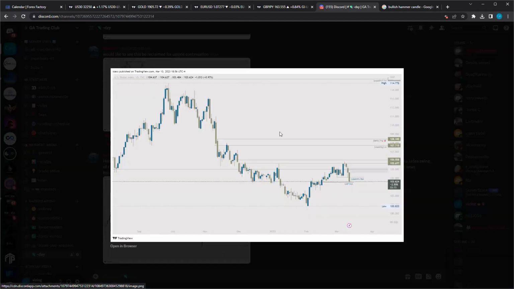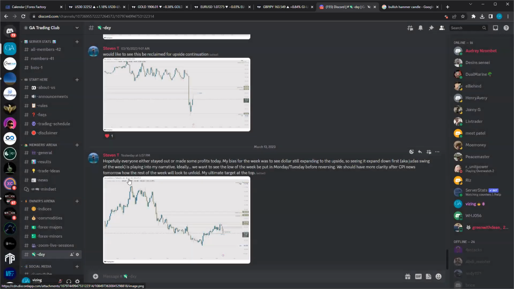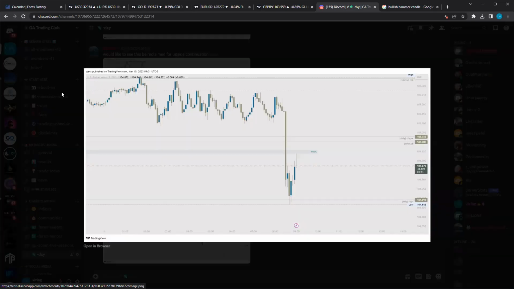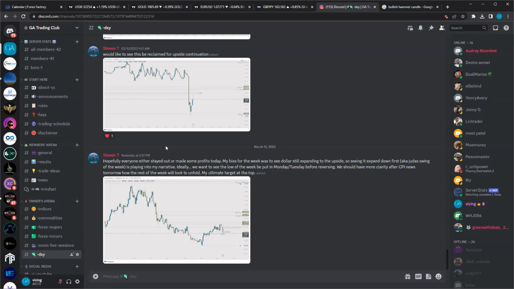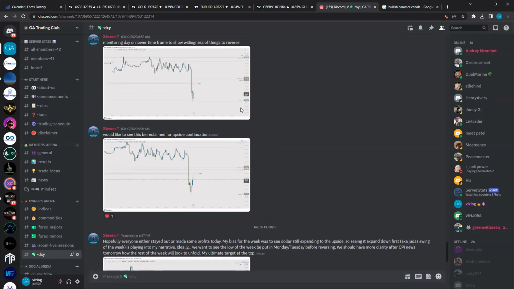So just check on the trades he's sending for the DXY, what he expects the US dollar to do, and then go from there. Personally, I don't look at what the dollar is doing, but every trader has their own way of trading. I know he does that and it works for him. So if you are a DXY trader, look in there. If you're just looking to learn new things, go ahead and look in there.